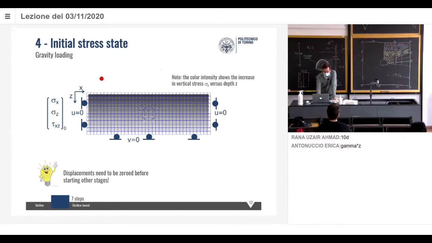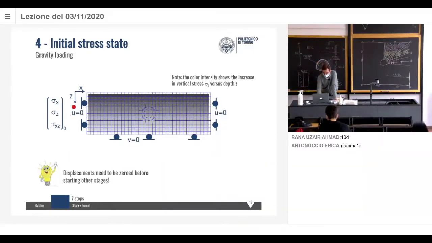Look at this. This is an example of a shallow tunnel close to the surface. Boundary conditions are set like this. We assigned the unit weight to each element. We applied gravity in this direction. We have to say the direction of gravity because it's a numerical model. We could apply gravity in another direction, we can do whatever we want.